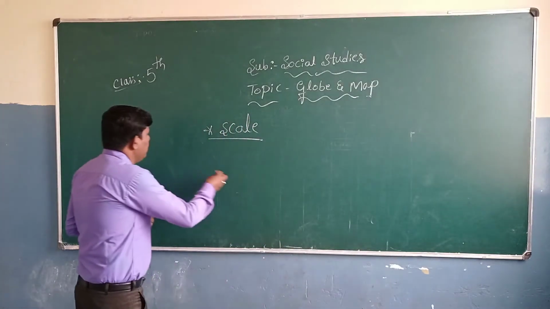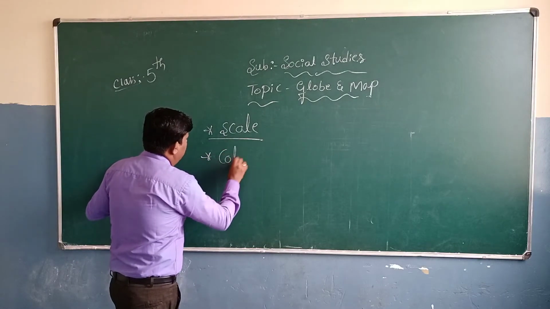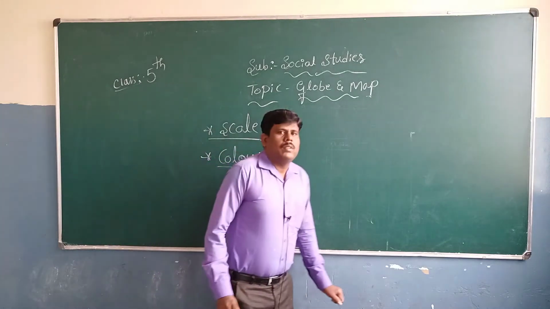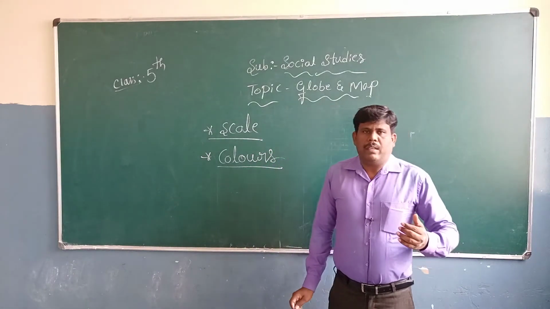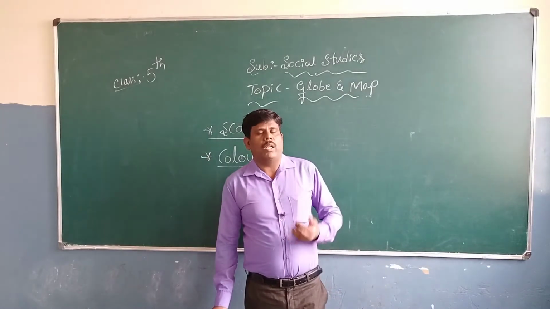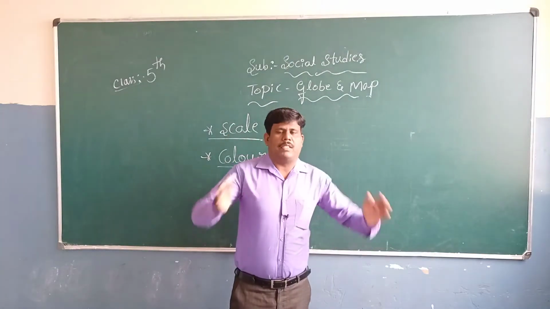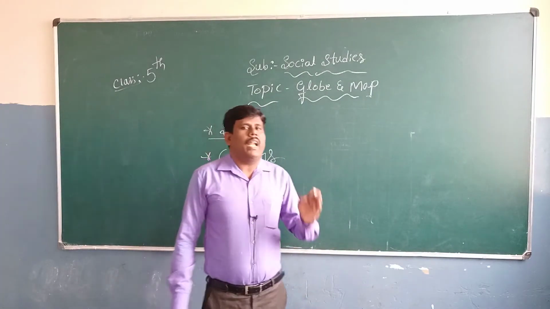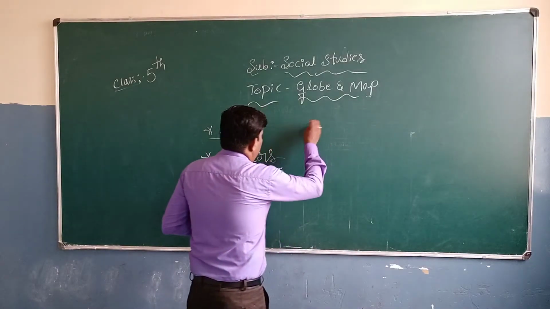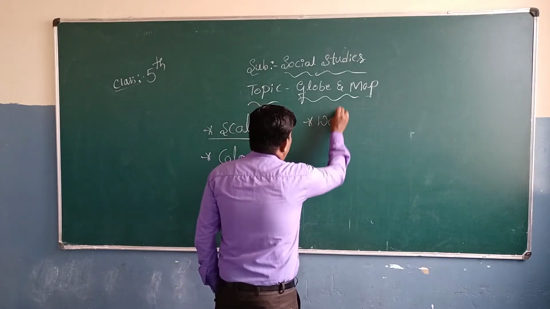Children, next, colors. There are important permitted colors to use on the globe and the map to show a particular place. Important colors were used on the map. First one, water bodies.